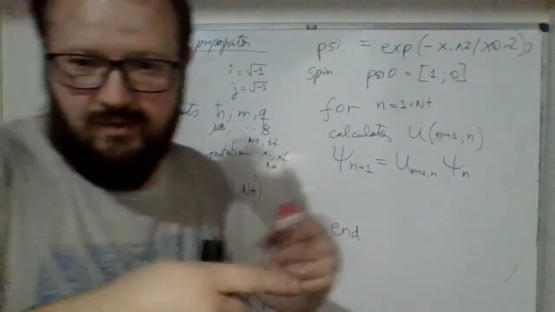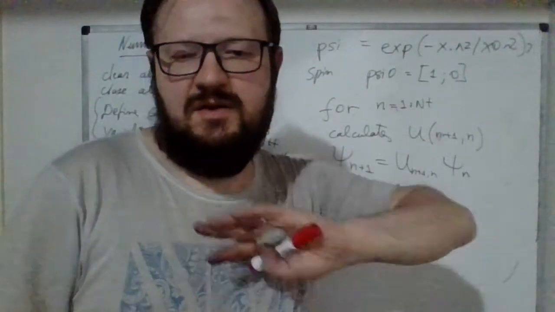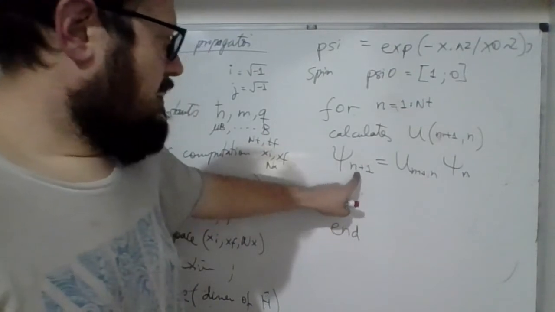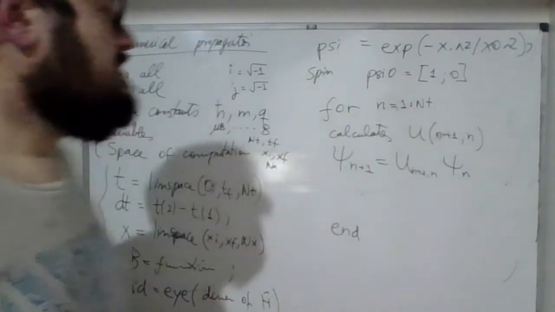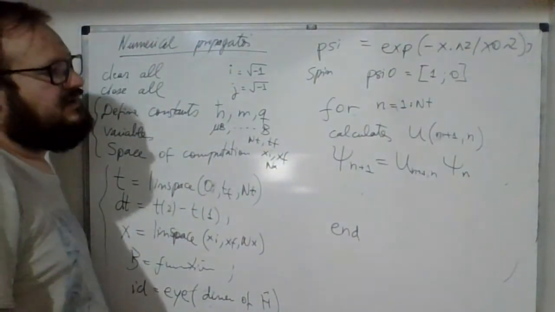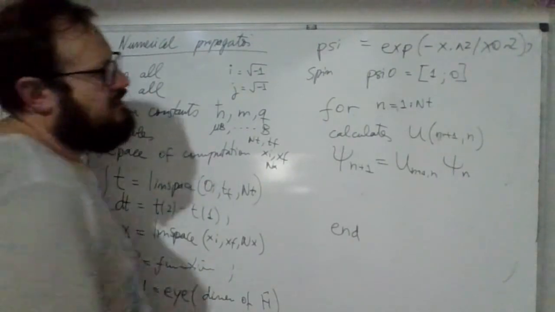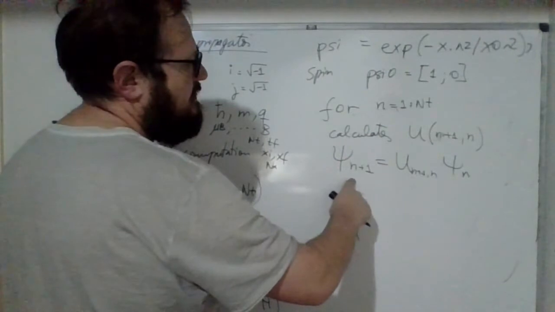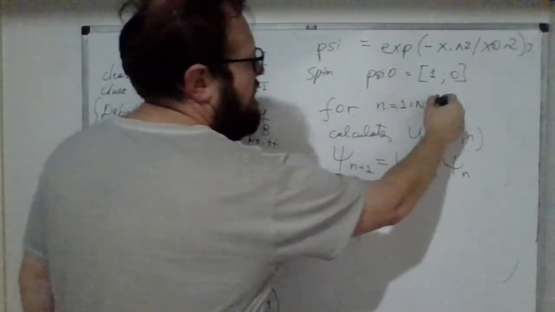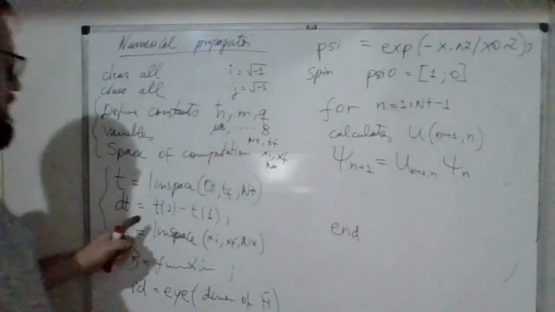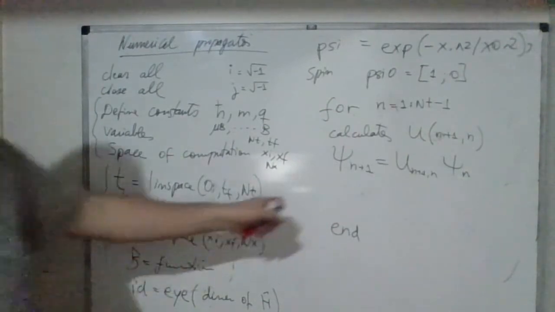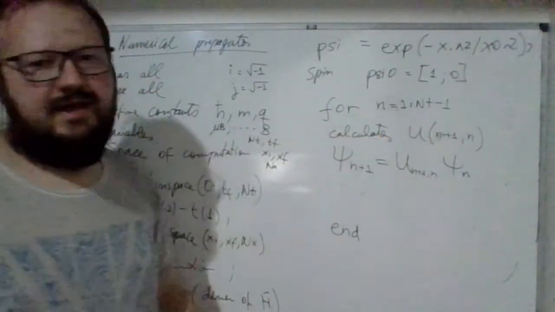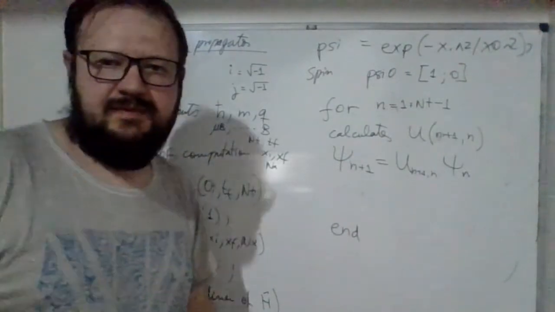This will run till you encounter the last time. To be precise, this will run from, I guess, 1 to nt minus 1, because you need to find the last step, the n plus 1, which is the last time calculation.